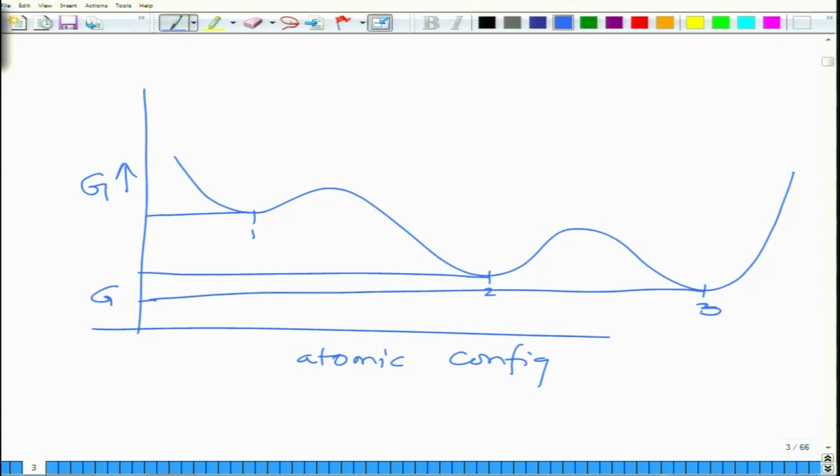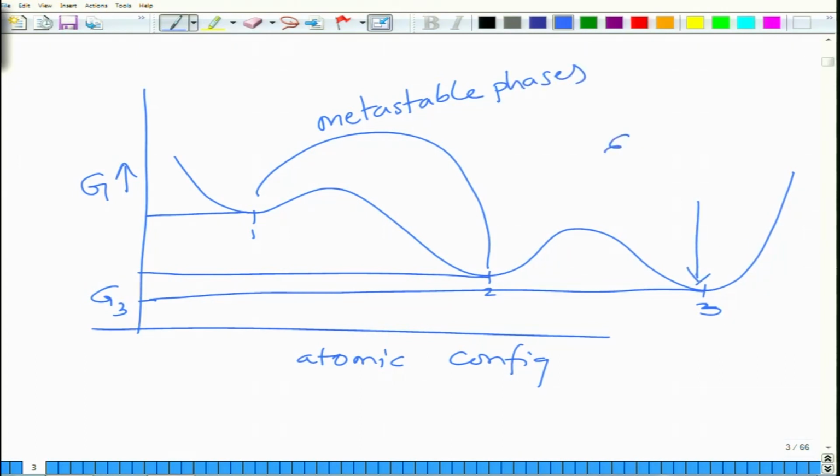State 3 has the lowest free energy, but there are local minima. These local minima correspond to what we call metastable phases. And this is the equilibrium phase.